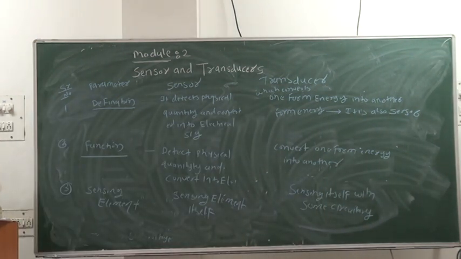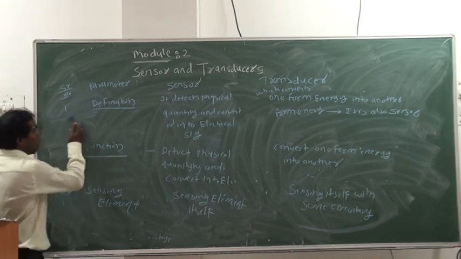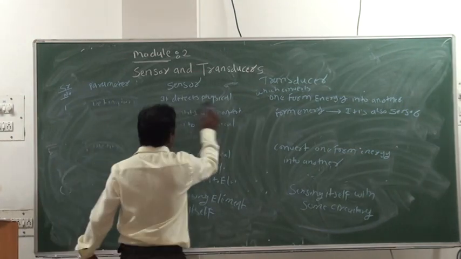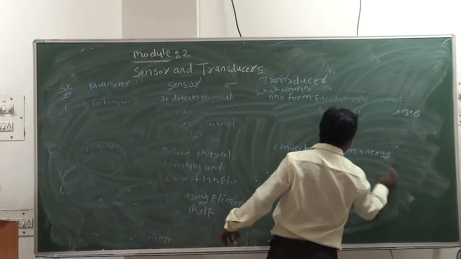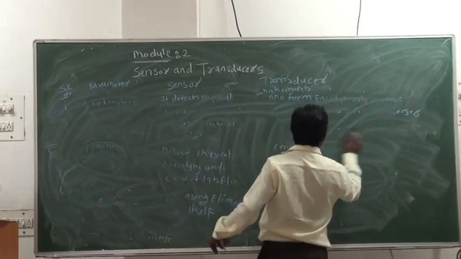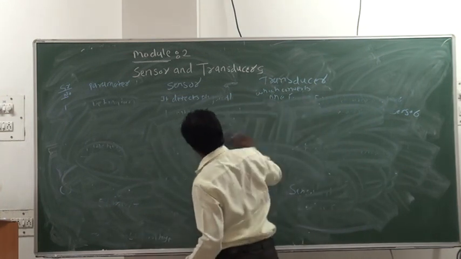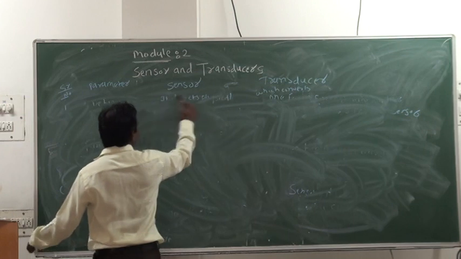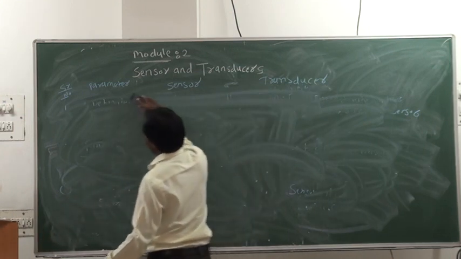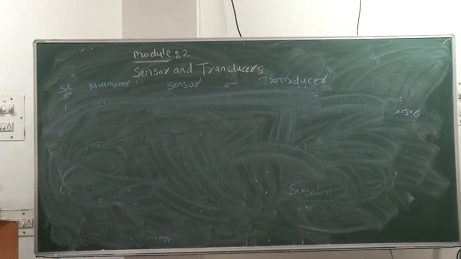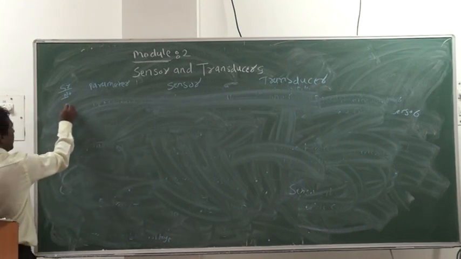Then fourth point, to differentiate your sensor and transducer, is feedback.